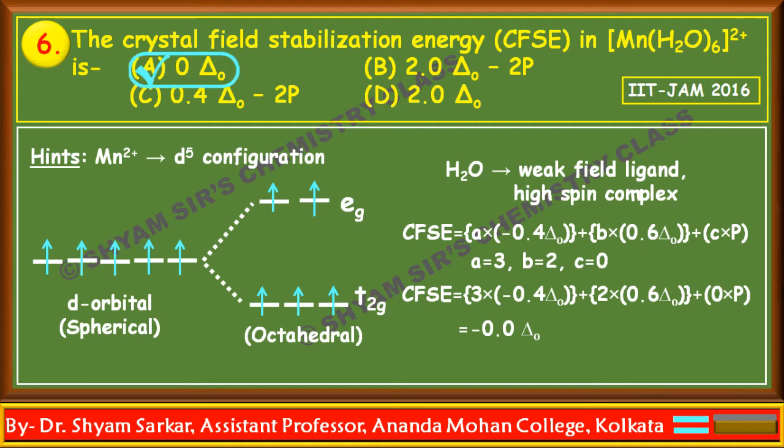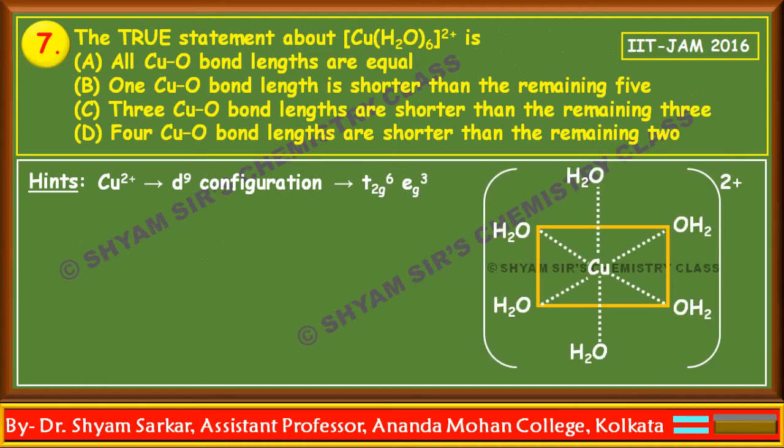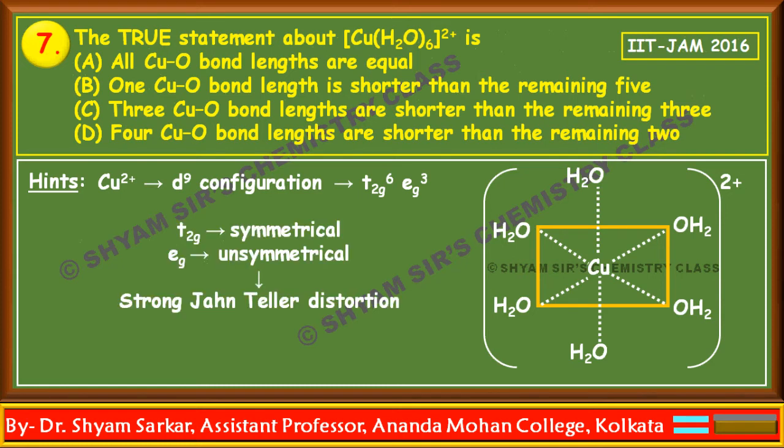Okay, let's see the next question. The true statement about [Cu(H2O)6]2+ is. So 4 options are given. This also can be answered from the Jahn-Teller distortion, because in [Cu(H2O)6]2+, copper 2+ is d9 electronic configuration, and d9 means t2g6 eg3. You can see the structure of this complex here. Now see, from this electronic configuration you can say that t2g is symmetrical and eg unsymmetrical.